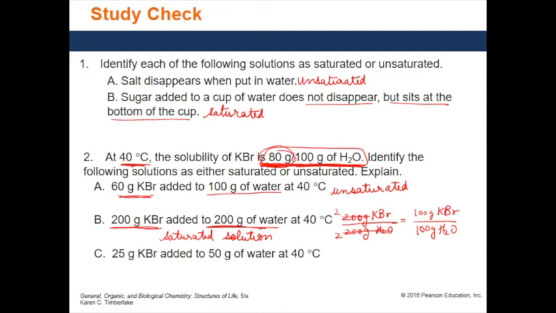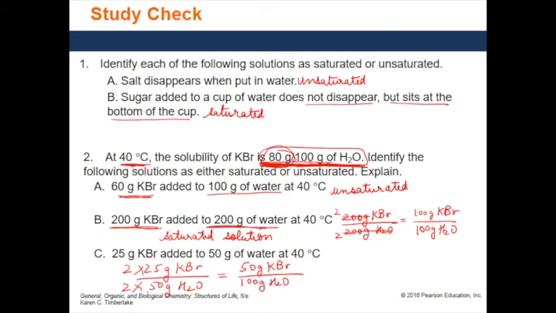Lastly, we have 25 grams of KBr added to 50 grams of water. But the solubility that I have is out of 100 grams. So if I multiply the water by 2, that would give me 100, which means I multiply the numerator by 2 as well. That would be 50 grams of KBr in 100 grams of water.